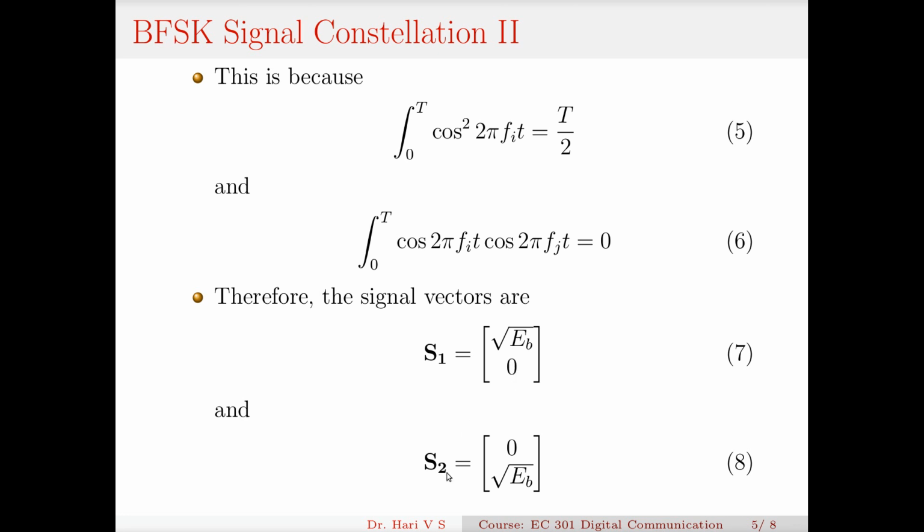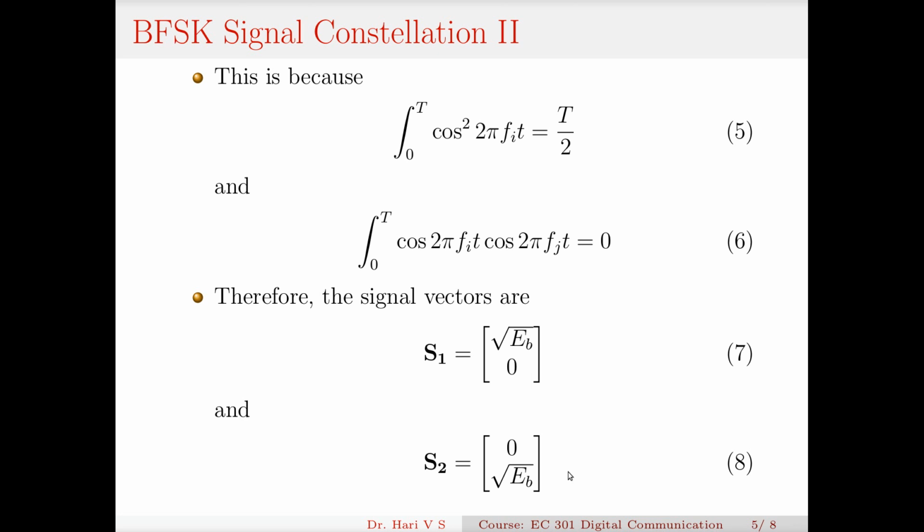For the second row, s21 is 0 because i is not equal to j, and s22 is root E_B because i equals j. So s1 is equivalent to root E_B into phi_1(t) plus 0, and s2 is 0 into phi_1(t) plus root E_B into phi_2(t). This is the variation in the phi 1 and phi 2 axes.